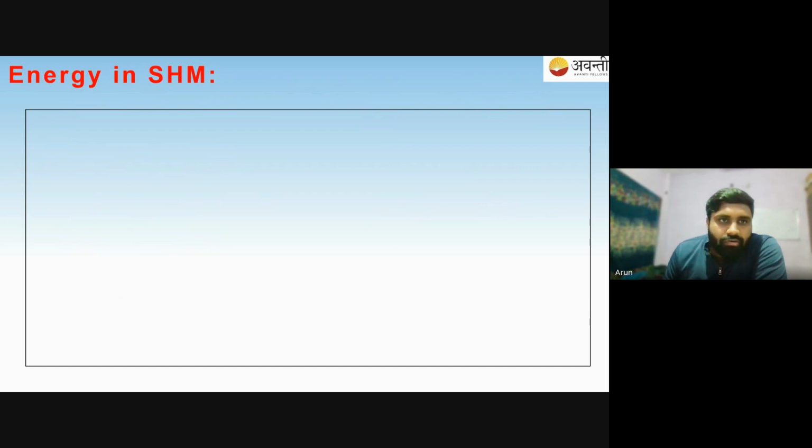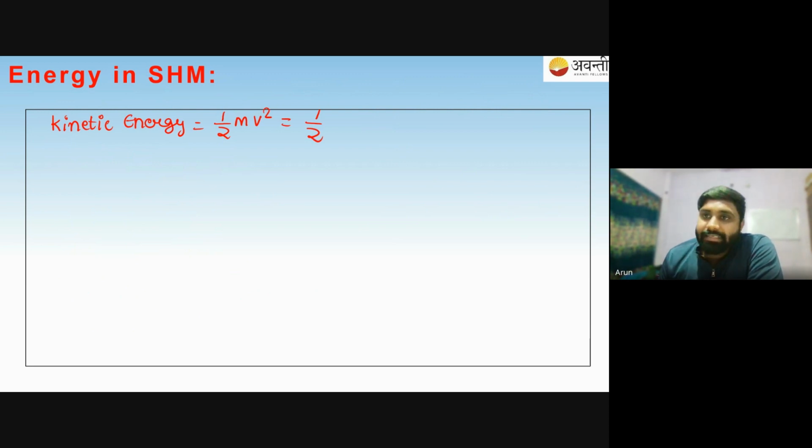So if you talk about the kinetic energy, two types of energy we have. Kinetic energy is given by 1 by 2 mv square. Now you can put the value of v in terms of what? You have two ways to calculate kinetic energy, in the time form or in the displacement form.